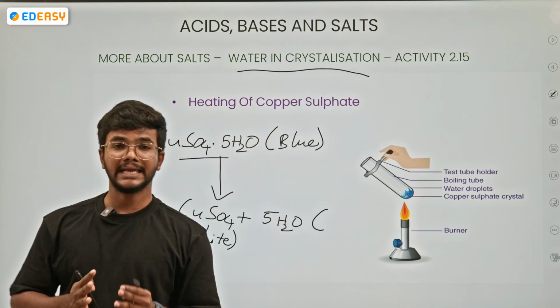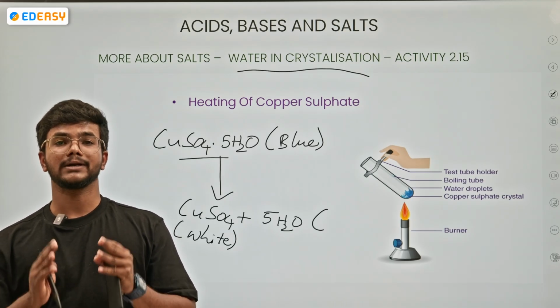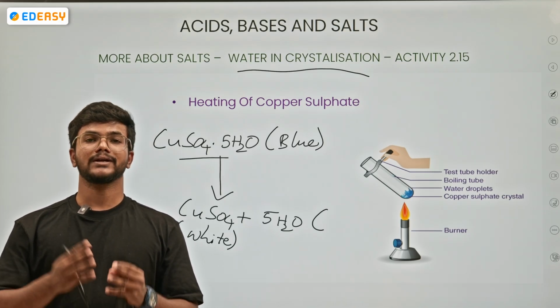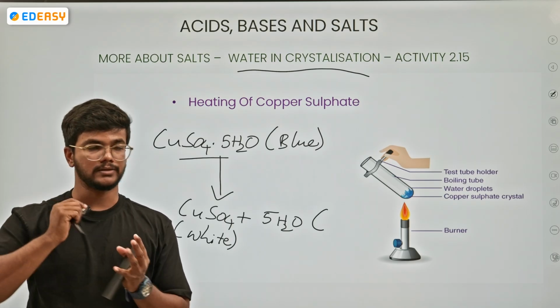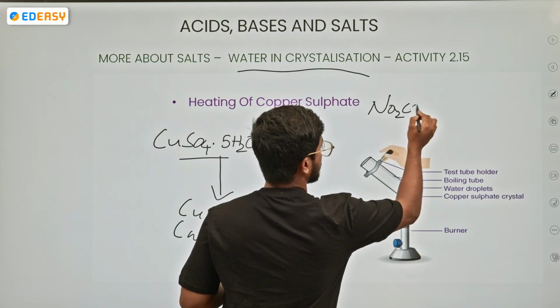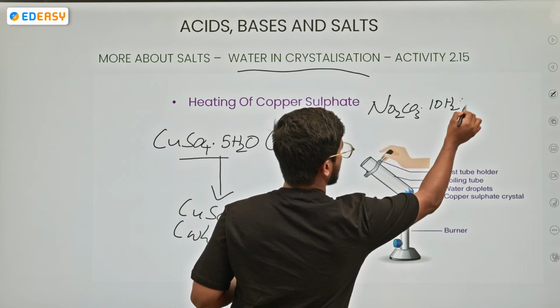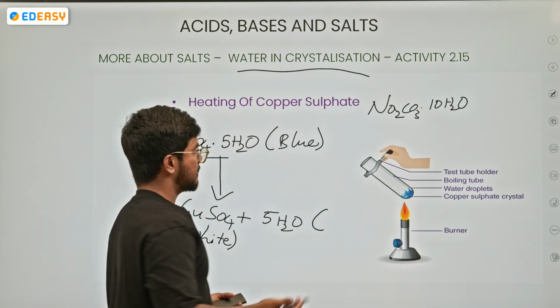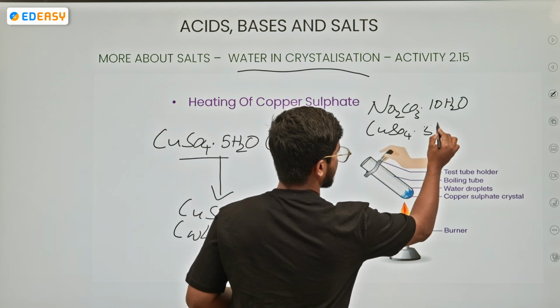There are many chemicals which contain water molecules in them. They are called water of crystallization. Water of crystallization means that in the crystalline form there are some water molecules. Like in the previous case, we have discussed Na2CO3 with 10 aqua molecules, which is called washing soda. Next, copper sulfate, CuSO4 with 5 penta aqua molecules.